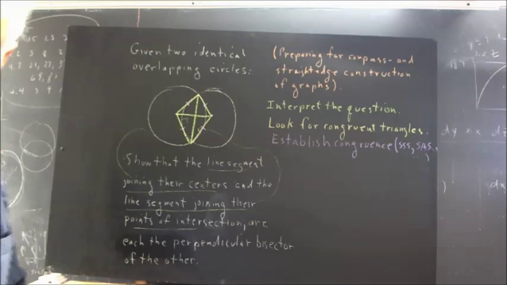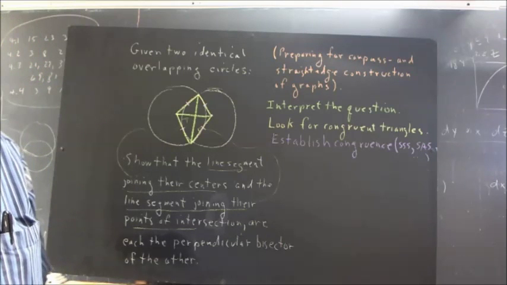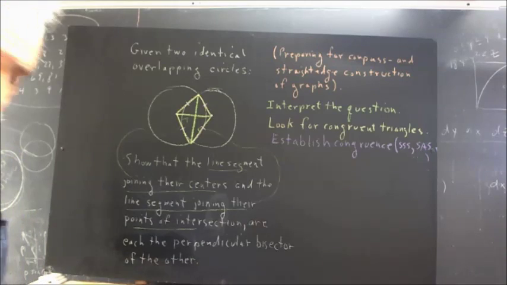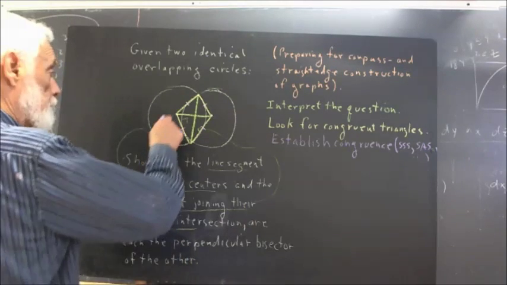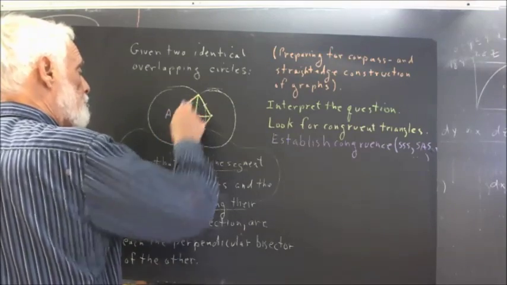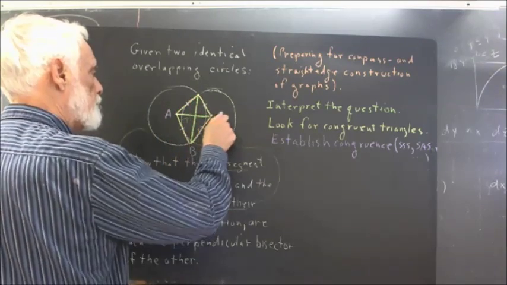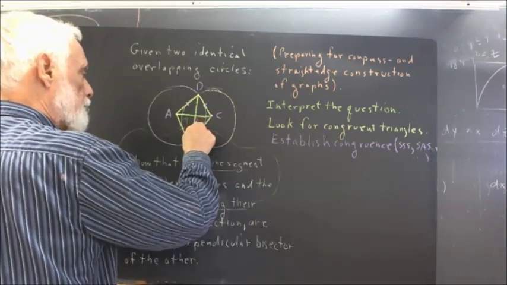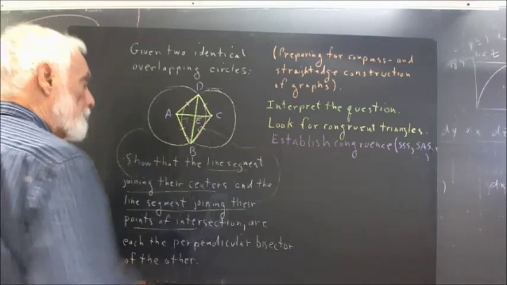Well, I was going to go to another video to do a hint, but I'm going to stick with this one. And I'm going to label some points here because I need some letters. I've got A, B, C, and D here, and E down here in the middle.